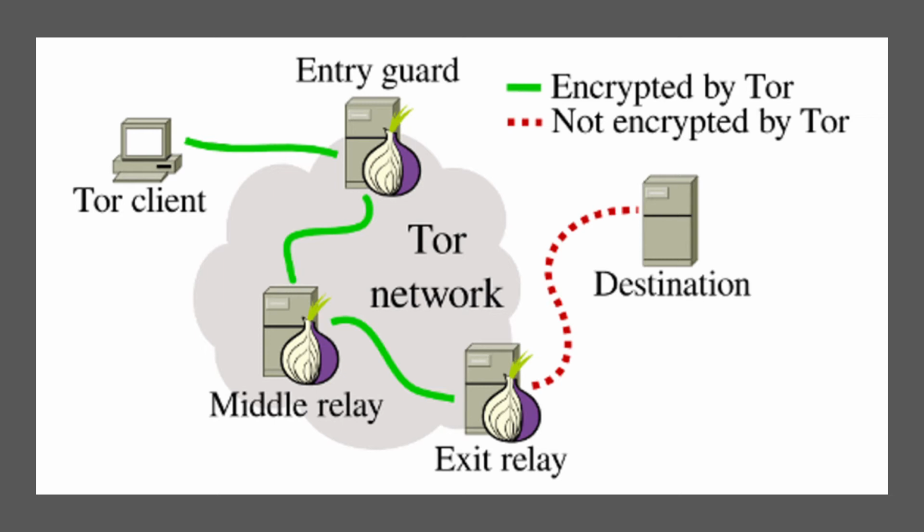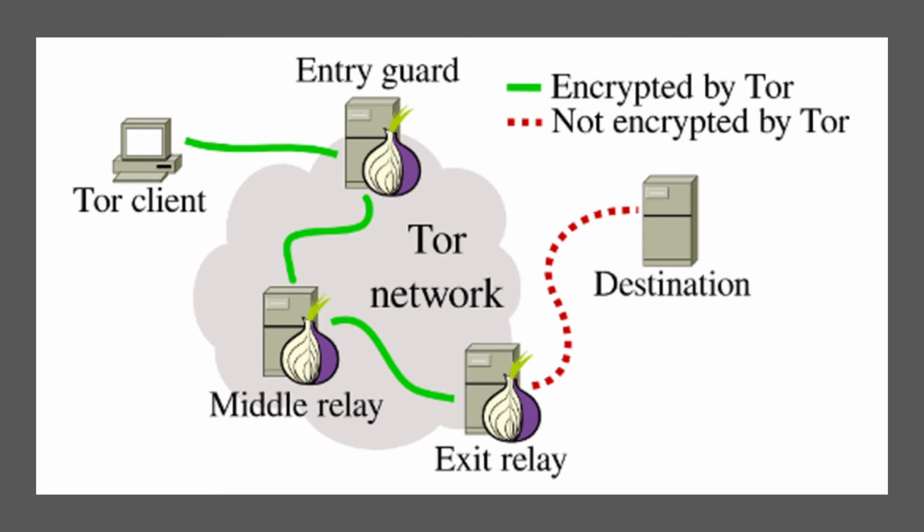Now, the way the Tor network works is through what they call PKI, or public key infrastructure, and this is encryption using two different keys. Basically, the way this type of encryption works is that one key encrypts, one key decrypts. The key that encrypts is used by the Tor client, and you work your way back when you're encrypting.